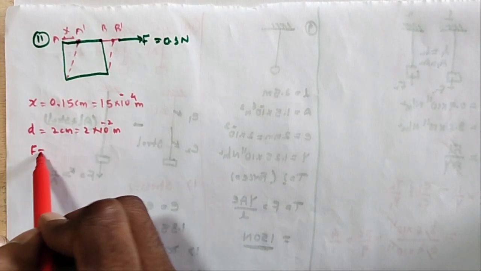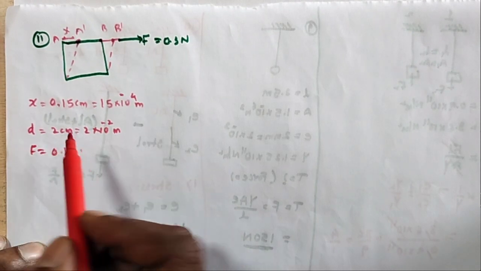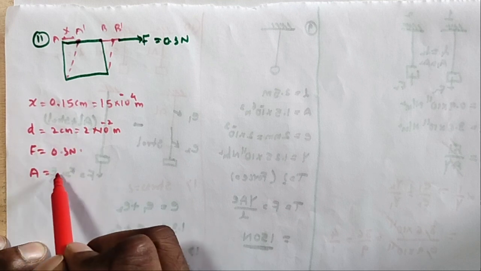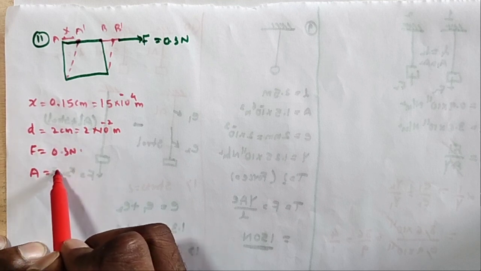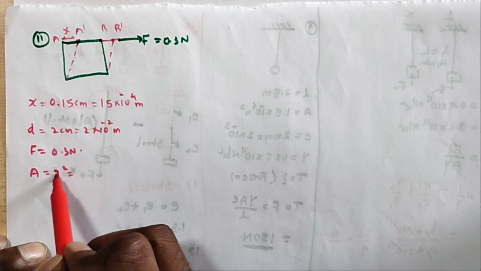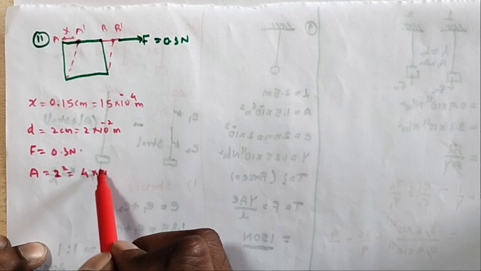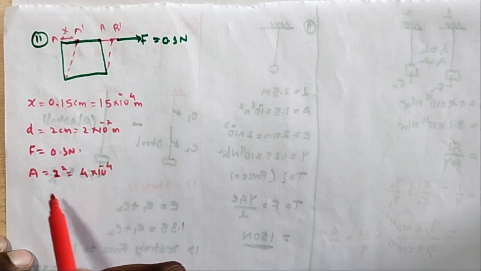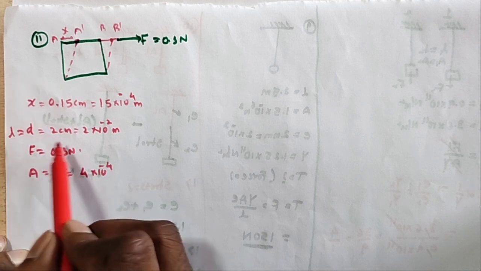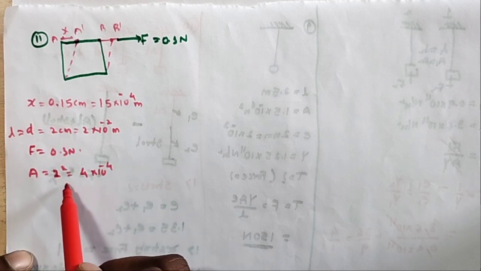F is equal to 0.3 N. A is the area, which is side into side, that is 4 into 10 power minus 4. Area is equal to length square, where L or D is equal to 2 centimeter.